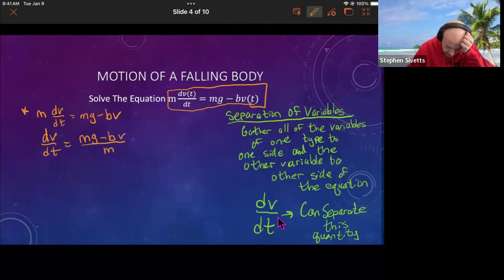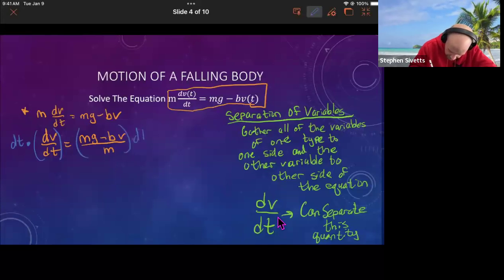All right. So now what I want to do next is, well, we can multiply both sides by dt, right? By dt. And so what happens now is we'll have one side that has dv in it.